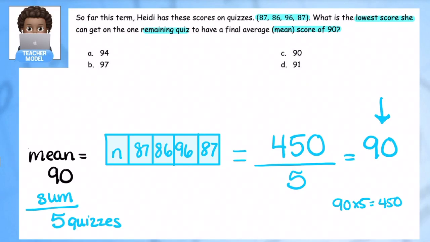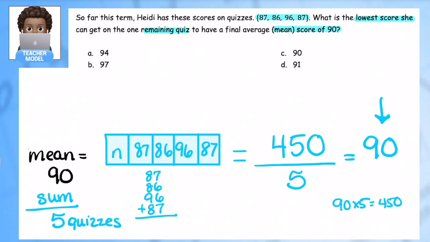So that's the first part. Let's think. What does this number have to be? This all has to add up to at least 450. So what I'm going to do is add these numbers up to figure out how far off we are from 450. How many more points do we need? Okay, let's see. 87 plus 86 plus 96 plus 87.